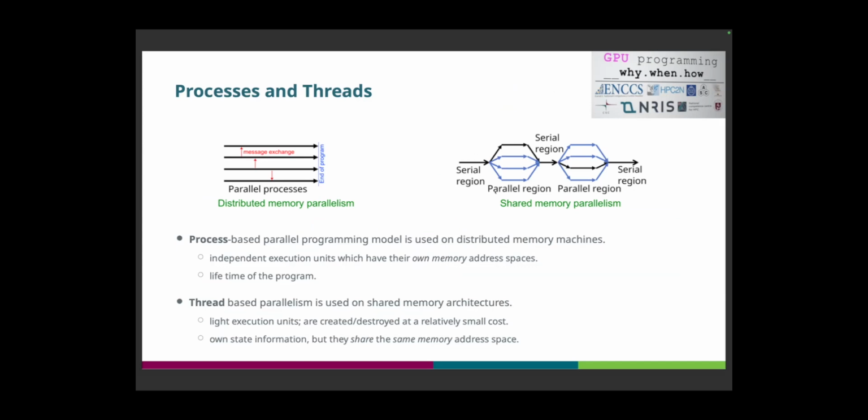So in this case, for example, we would have an application which does something here, initializes the system, and then reaches a point where there is some heavy computation. It spawns some threads, finishes the job, and then destroys all the threads that are not necessary and continues the execution.